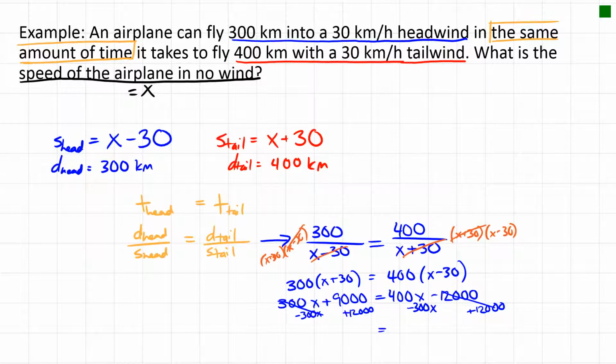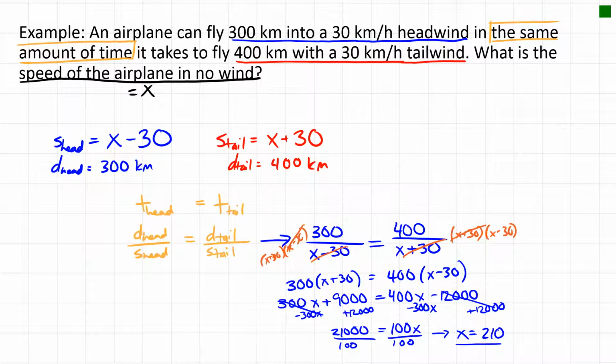So I get 100x is equal to 9,000 plus 12,000 is 21,000. Divide by 100, and I'm left with x is equal to 21,000 divided by 100 is 210.